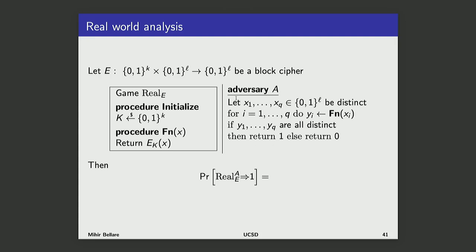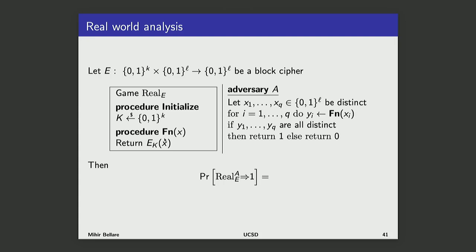So the way it works is we figure out the two probabilities one by one, starting with real. Here I've just copied the adversary and repeated the game. We're interested in the probability the adversary outputs 1. So we see when that happens. It outputs 1 when this condition holds, which means when all these are distinct. So now we ask, are they distinct or not?